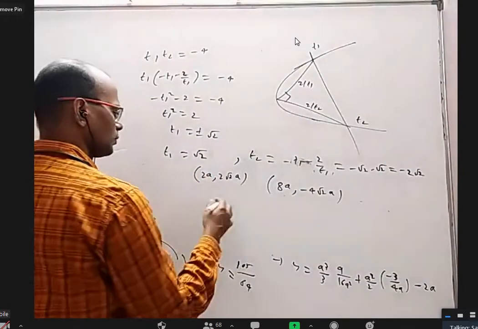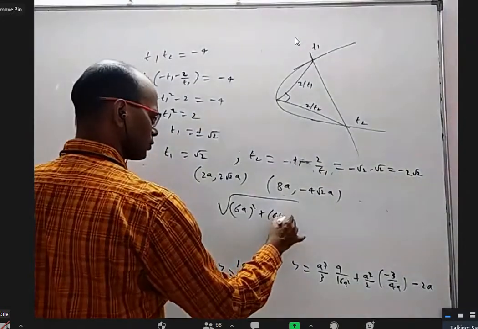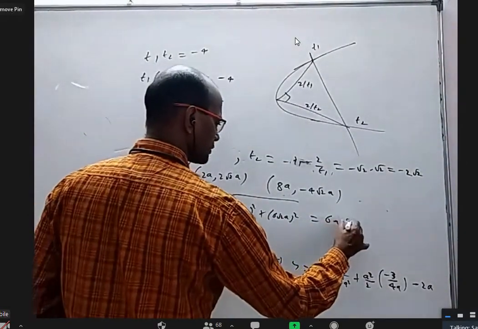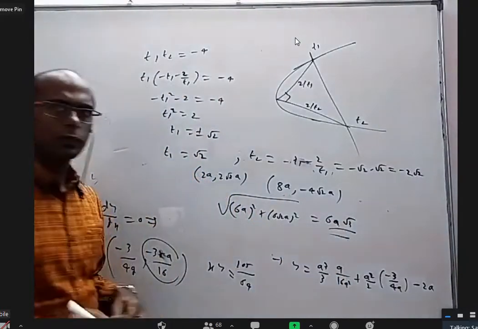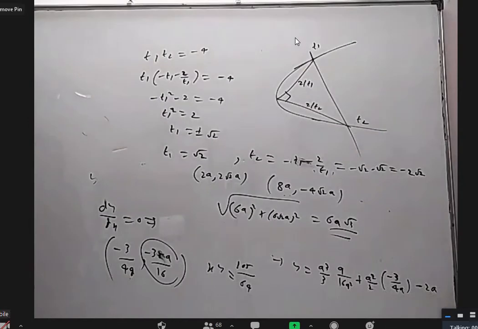Okay, when I find the distance between them, it is root over 6a whole square plus 6 root 2a whole square, which is 6a root 3. Is it okay? Yes, sir.